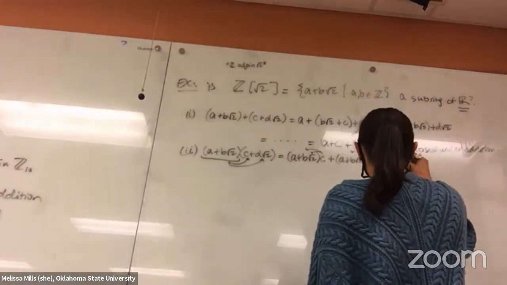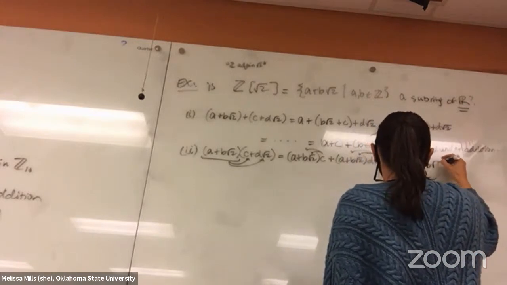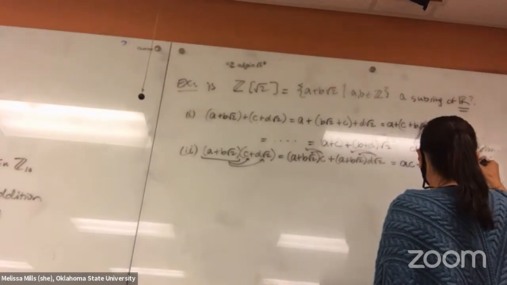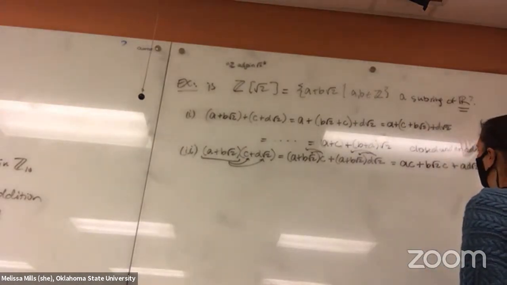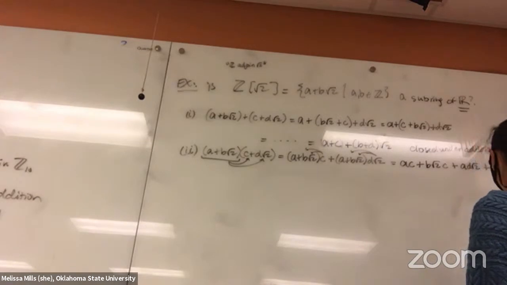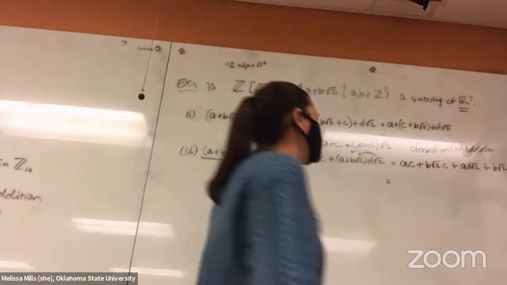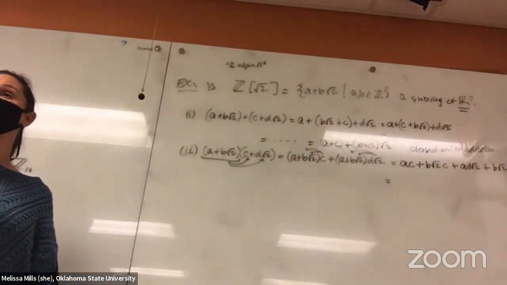Okay, so I'm going to have AC plus B square root of 2 C plus AD square root of 2 plus B square root of 2 D square root of 2. And then, since I am in the reals, I have commutativity of addition and commutativity of multiplication.